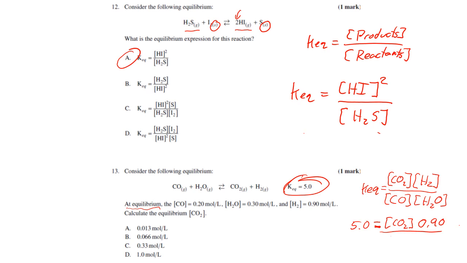CO is 0.2, and H2O is 0.3. I solve for CO2. I go 5 times 0.2 times 0.3 on both sides, and then divide by 0.9. So do that on both sides.